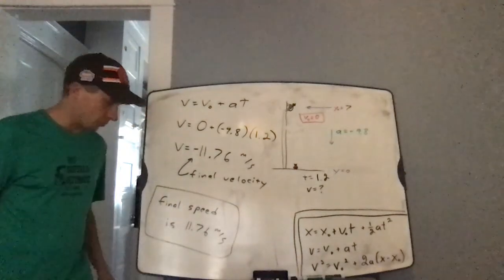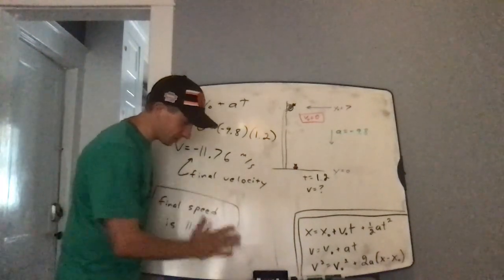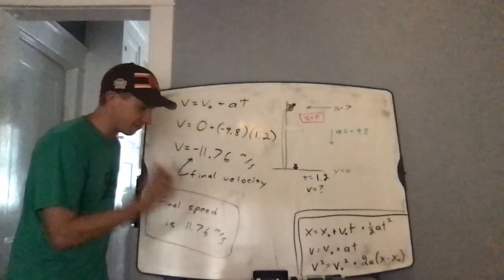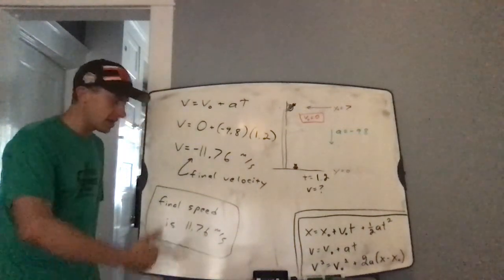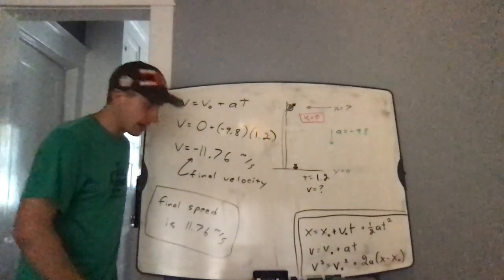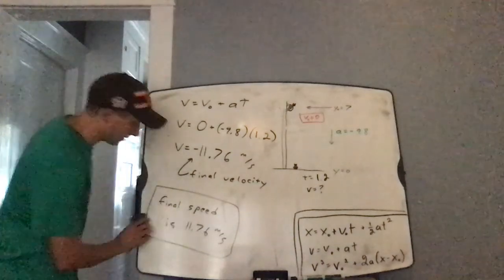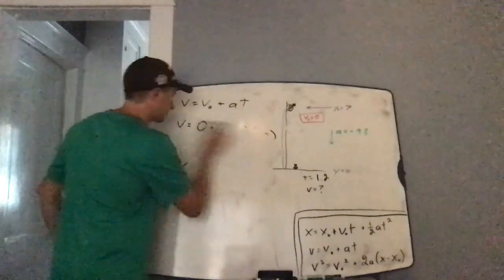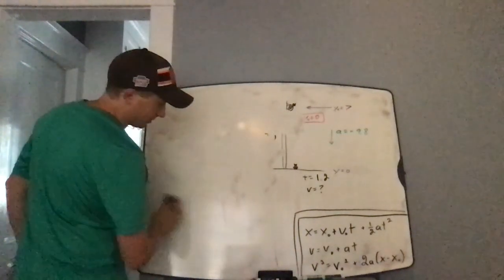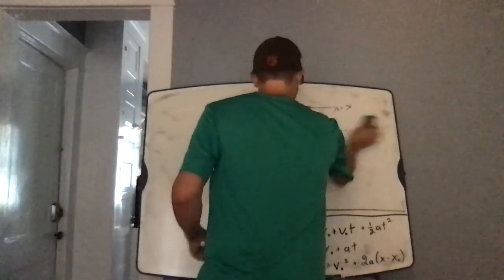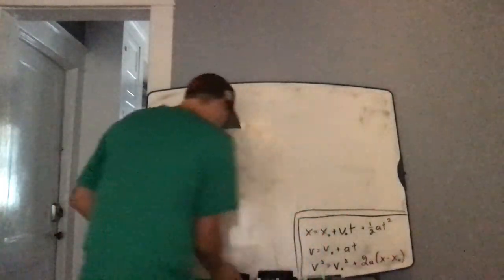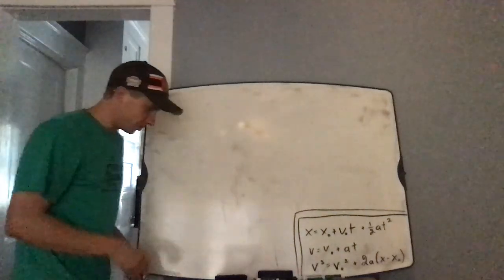In the next problem we're going to talk about, we have a car that starts at rest. It speeds up to 25 meters per second in 5 seconds. What is the car's acceleration? How far has the car traveled in those 5 seconds? So I'm going to keep these equations written right here just so they're right there for our reference. And the first thing I'm going to do is draw a picture.